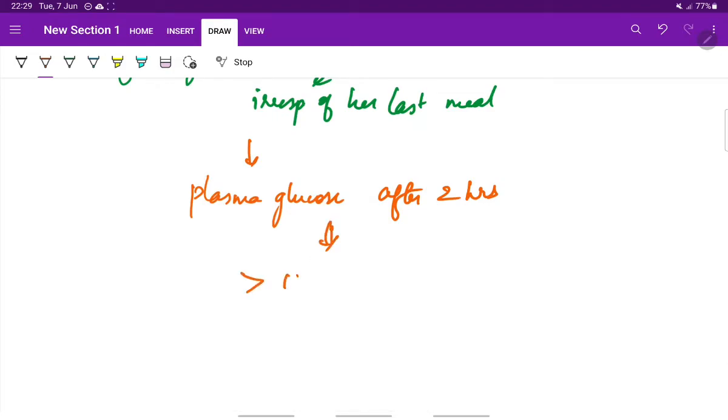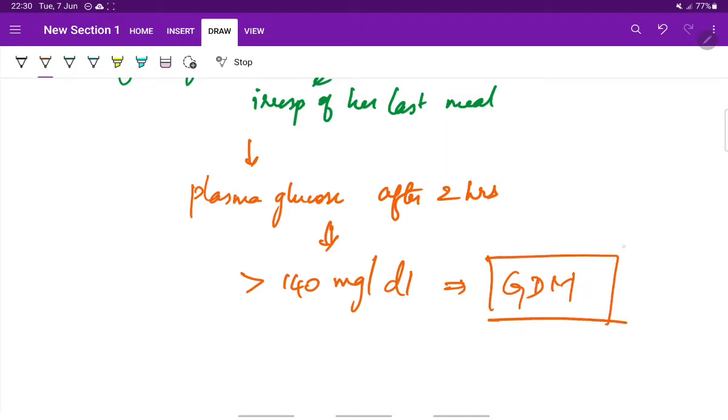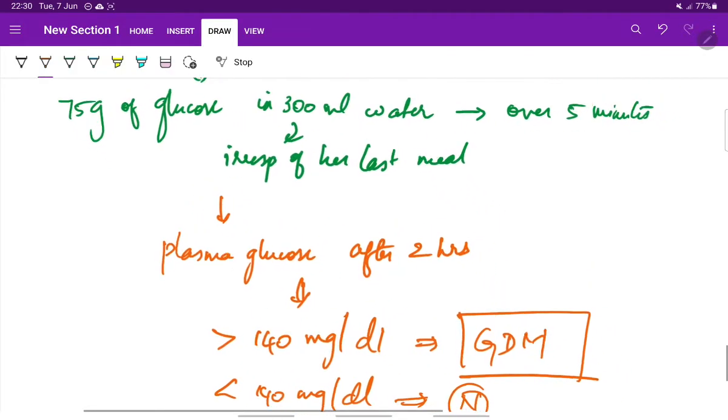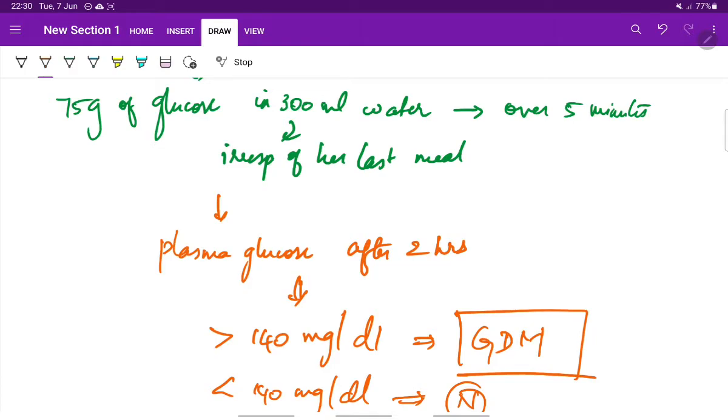If the value is more than 140 milligram per deciliter, then she is considered as having gestational diabetes mellitus, whereas if it is less than 140 milligram per deciliter, then it is normal. So, this is the oral glucose challenge test.